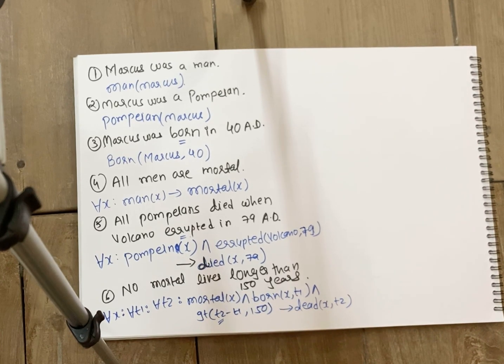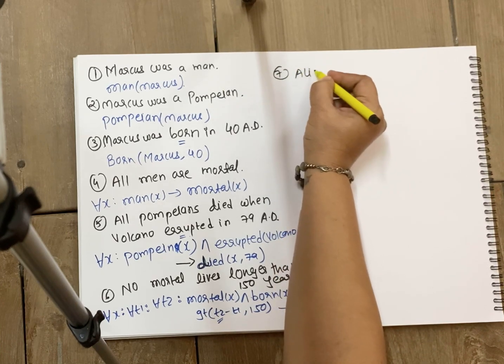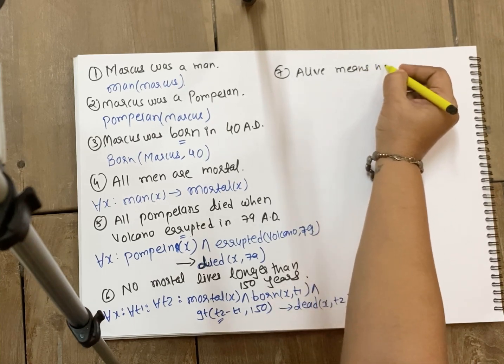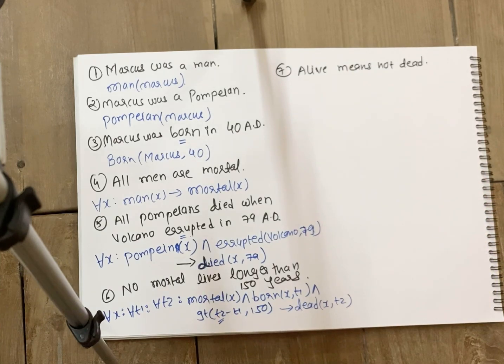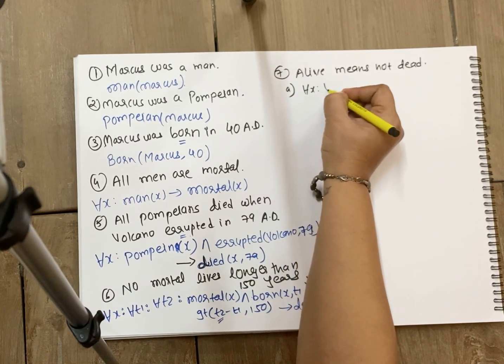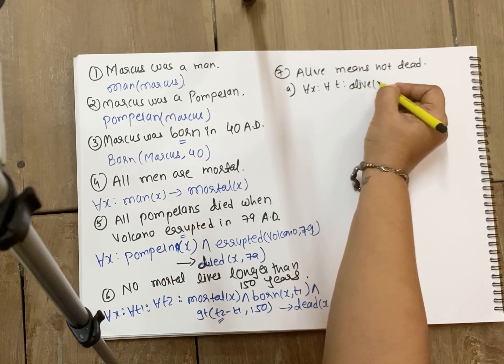Okay, fine. Now there are certain more facts that we have to add which are inherent, and one of them is: alive means not dead. Again we have to say that if X is alive, it means X is not dead. So it will be written in two ways. For all X, for all T, alive(X, T).